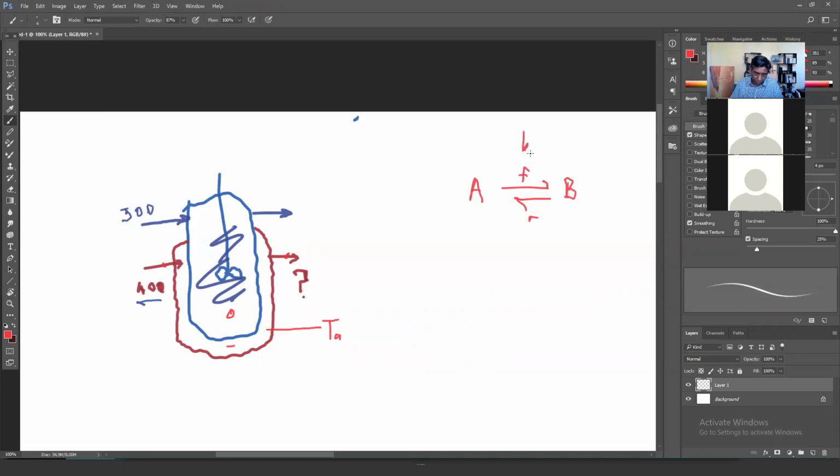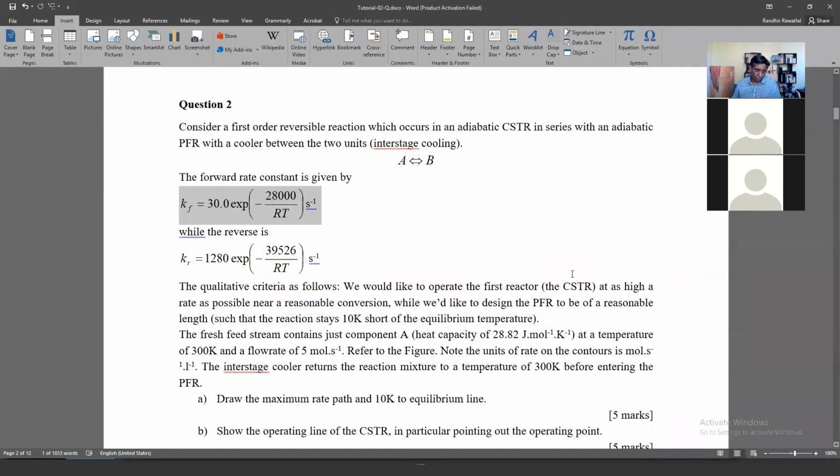And so here you have the forward constant, and here you have the reverse constant. So we have this as a very explicit function in temperature. So this is nice. We just have to stick in the temperature, and we'll know the value for K.